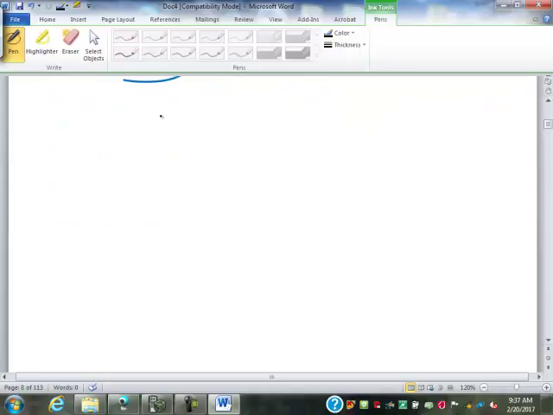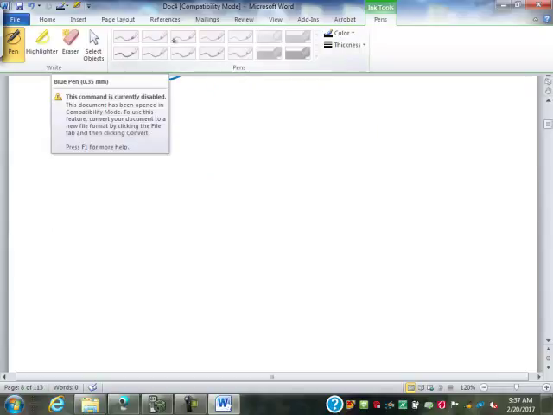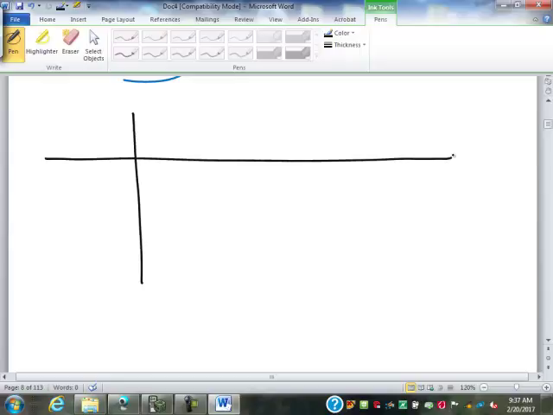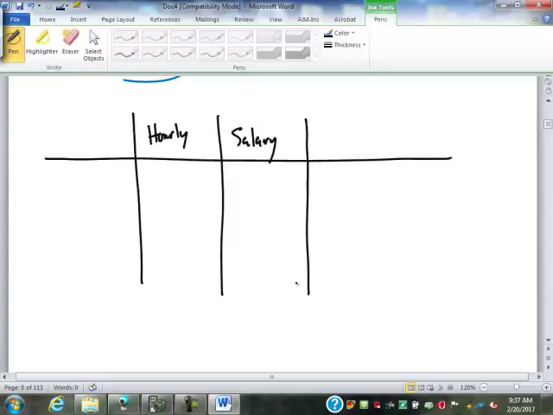Another place where this comes into effect, or that we would deal with counting, let's look at a breakdown of employees. So we've got employees that work hourly, employees who work on a salary, and employees that work on commission.